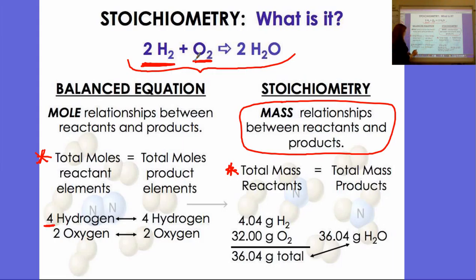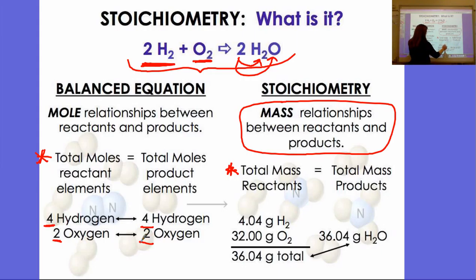How many oxygens do I have? 2. On the product side, how many hydrogens do I have? 4. And how many oxygens do I have? 2. Those numbers have to be the same. That's how we balanced our chemical equations.